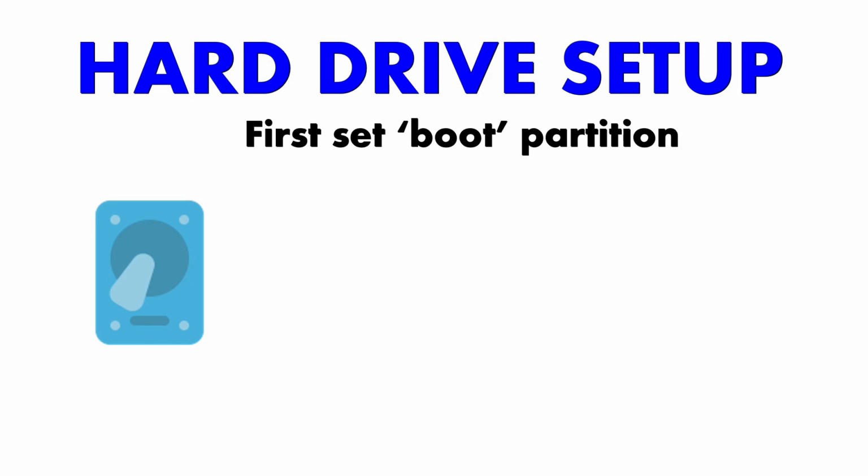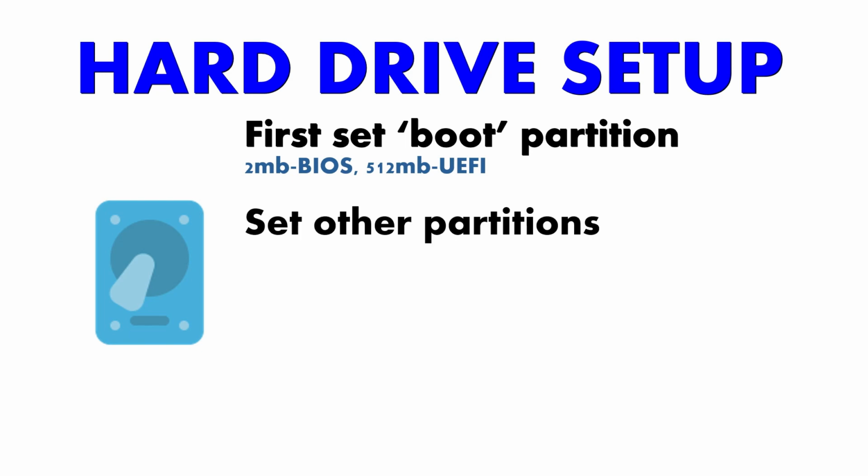While preparing the hard drive, you need to make sure that you reserve the first partition for the boot, which can be 2 MB if you are using BIOS, or about 256 MB as a minimum for UEFI. Generally 512 MB is recommended. And also make sure that you do not create any file system on the boot partition, otherwise you will fail to boot Arch Linux.